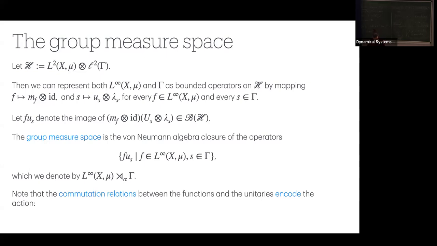So we could look at this in terms of commutation relations between these functions. And what these are doing is encoding the action inside the algebra as an inner automorphism. So if we conjugate a function in L infinity(X, mu), thinking of it as sitting inside this cross product, by the corresponding unitary operator of s, then we're just going to precompose with alpha_s inverse.